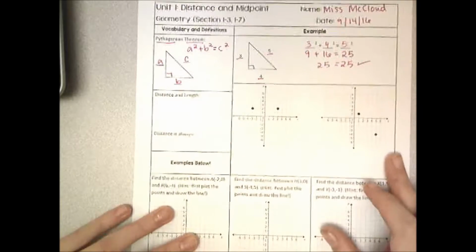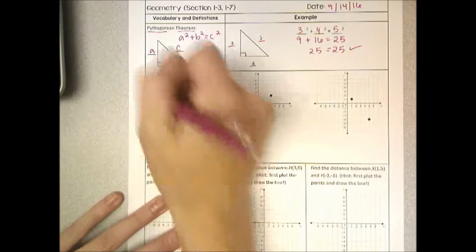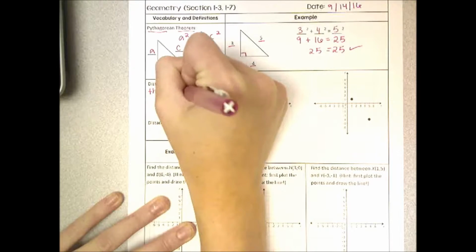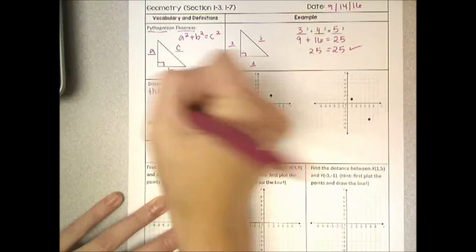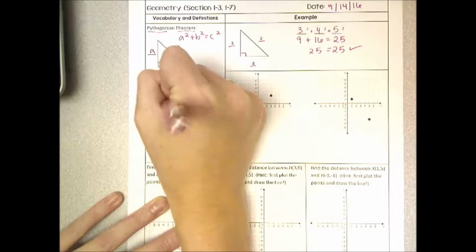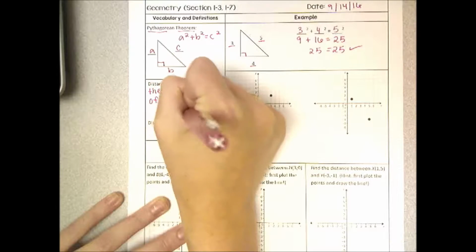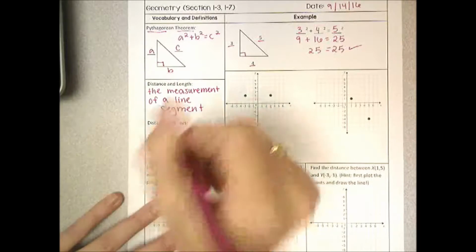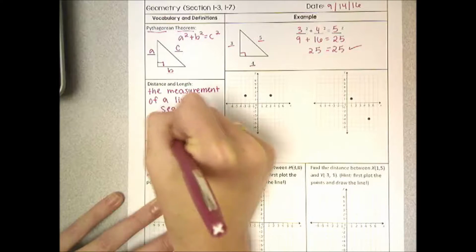Alright, so let's talk about distance and length. Distance and length is the measurement of a line segment. Something super important that I want to point out is that distance is always a positive number.